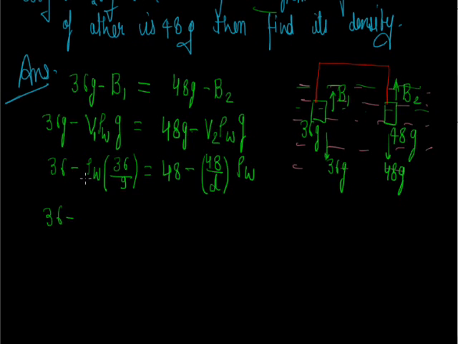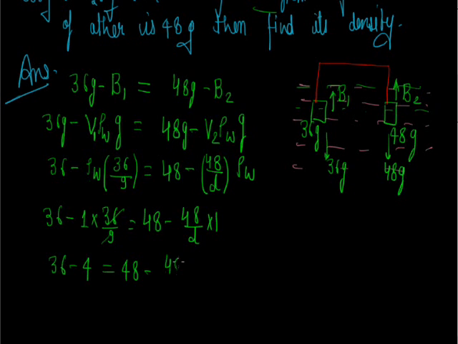So 1 into 36 by 9 equals 48 minus 48 by D into 1. Now 36 minus 4 equals 48 minus 48 by D. By solving it, we get D equals 3 gram per centimeter cube.